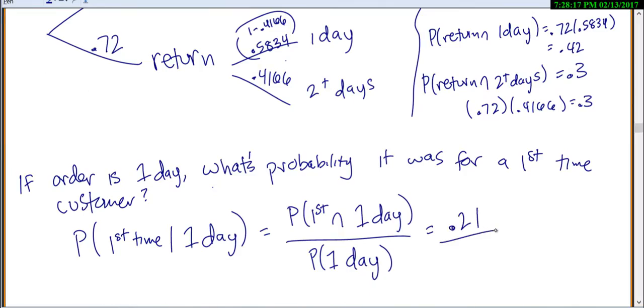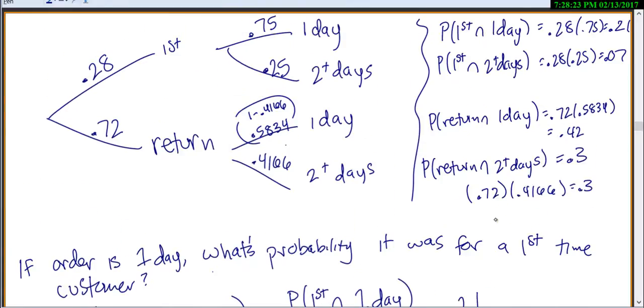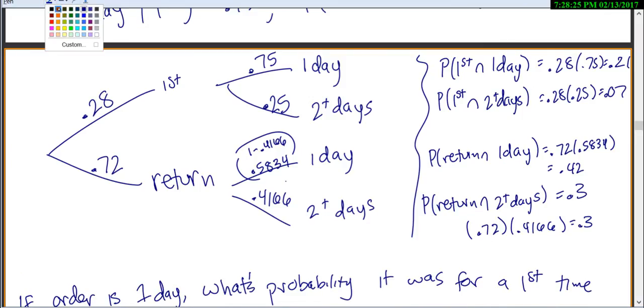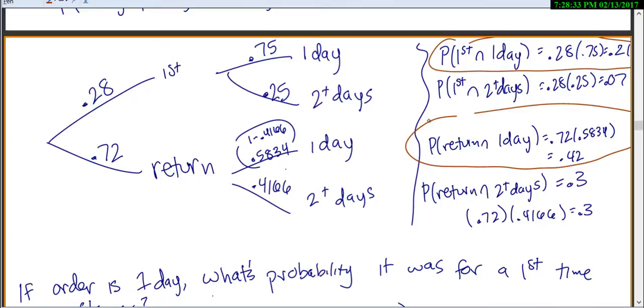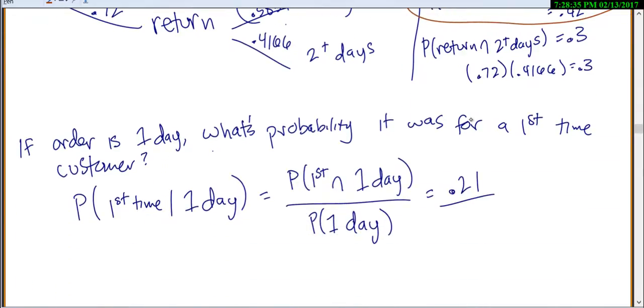How are you going to find though the probability of 1 day? They never gave you that anywhere. That's why we like tree diagrams. What you do is you find all of the intersections that have a 1 day. So this one has a 1 day, and this one has a 1 day, and you add them all up. So 0.21 plus 0.42, which gives me 0.333.